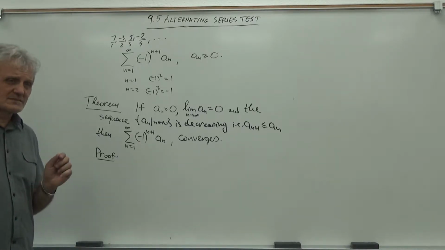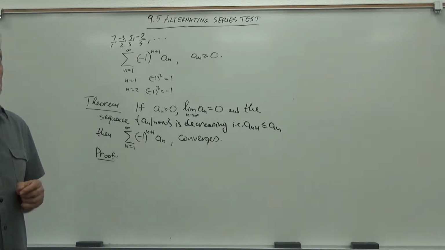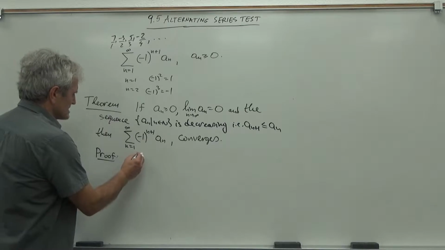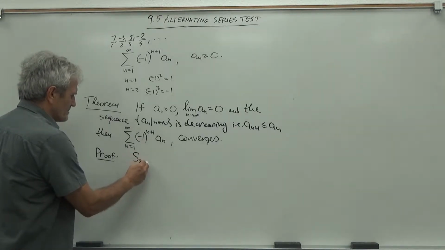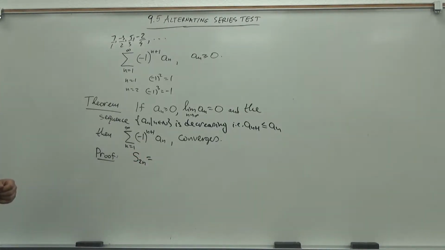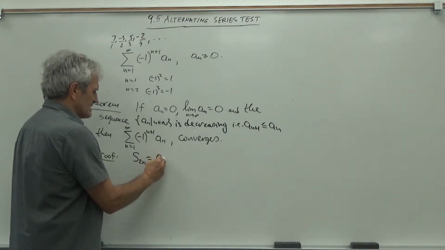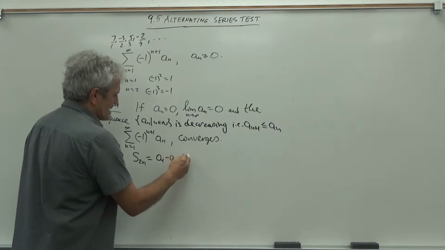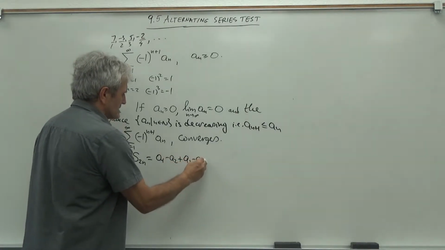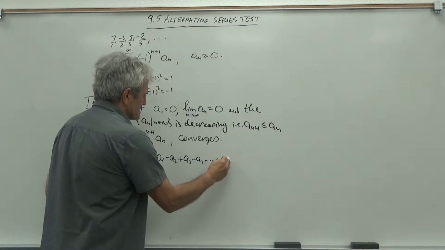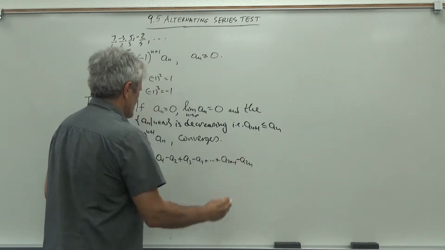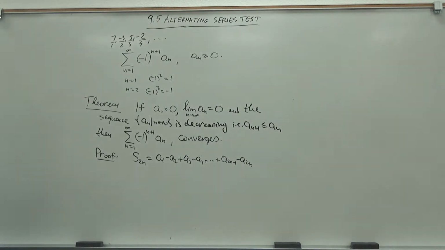We'll analyze separately our partial sums where the index is even from those where the index is odd. So let me consider S_2n. What would that be? a_1 goes with the plus, minus a_2, plus a_3, minus a_4, plus a_(2n-1), minus a_2n.